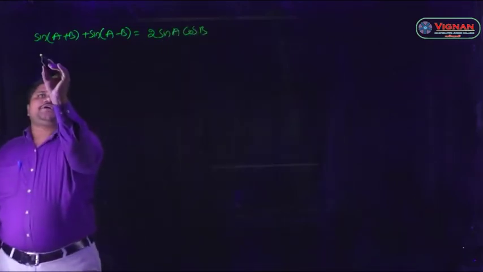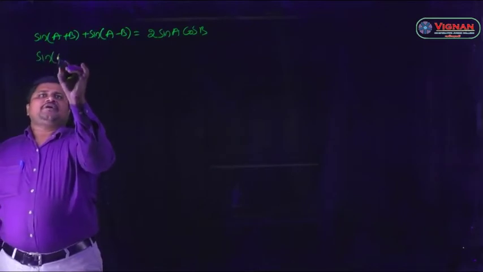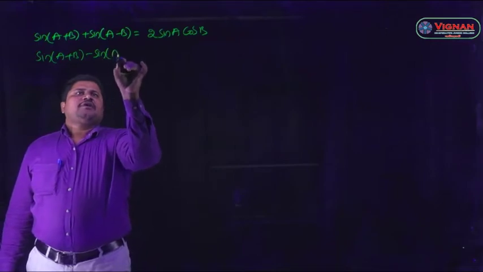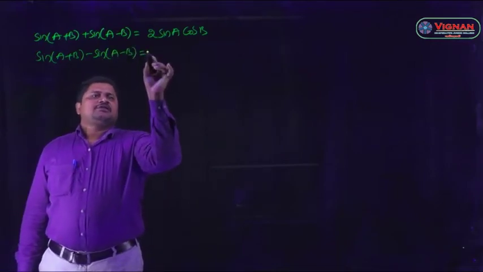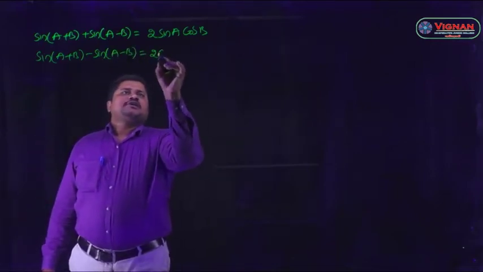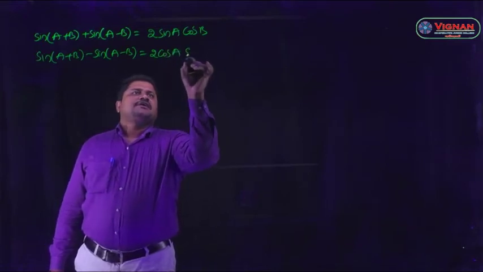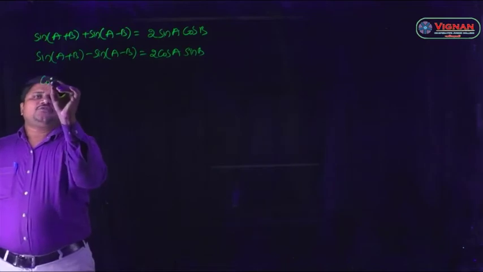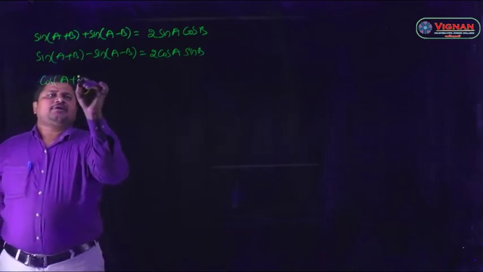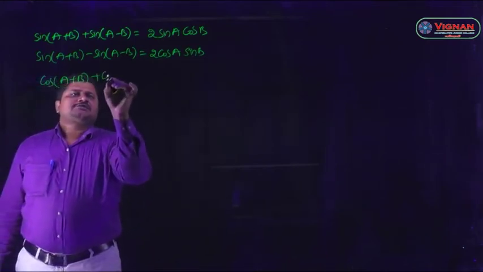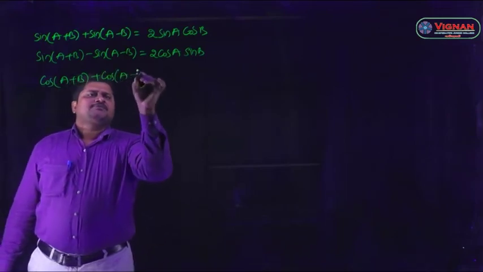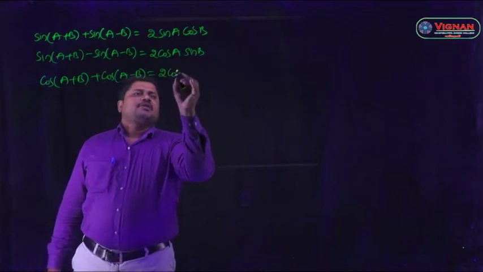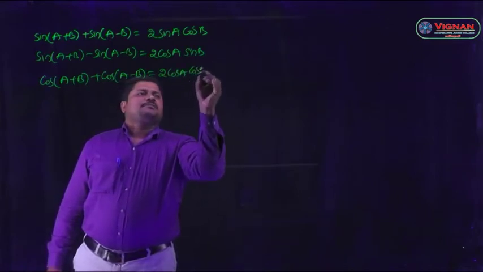And next one is sin of a plus b minus sin of a minus b is equals to 2 cos a sin b. Third one is cos of a plus b plus cos of a minus b is equals to 2 cos a cos b.